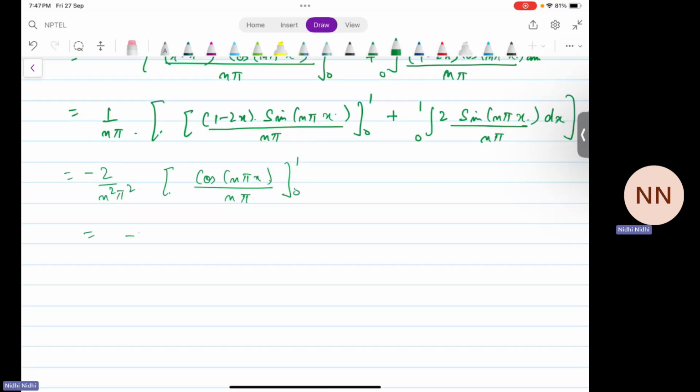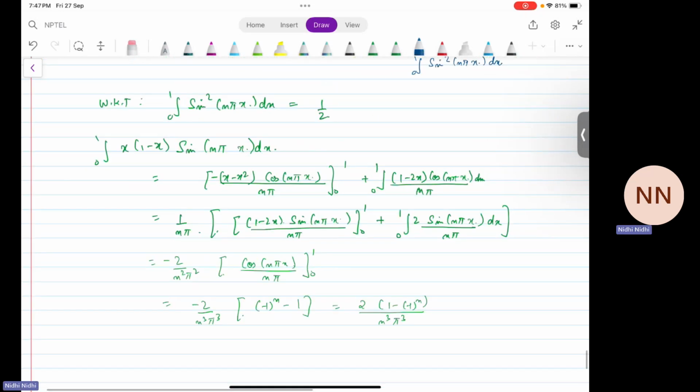This is minus 2 by n cube pi cube. You know that cos n pi is minus 1 to the power n and cos 0 is 1. So this is 2 times 1 minus minus 1 to the power n by n cube pi cube.